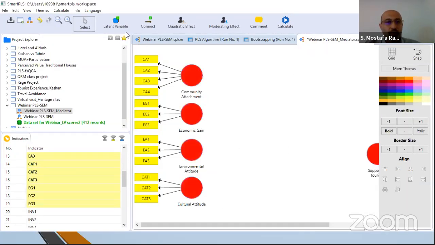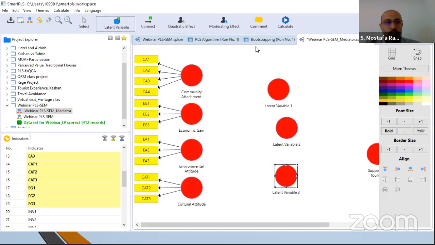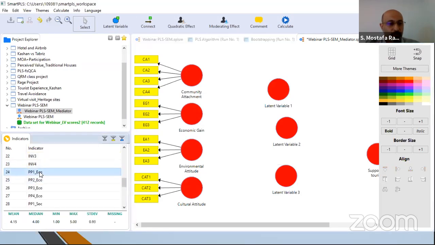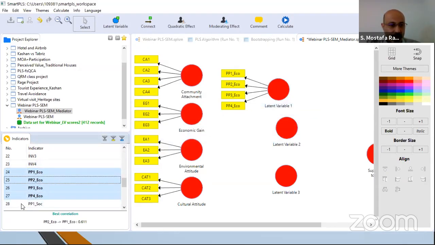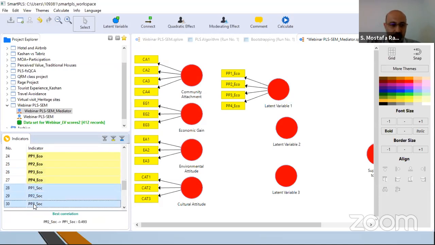And now I want to create 3 mediators, and these 3 mediators are economic impact, social impact, and environmental impact.